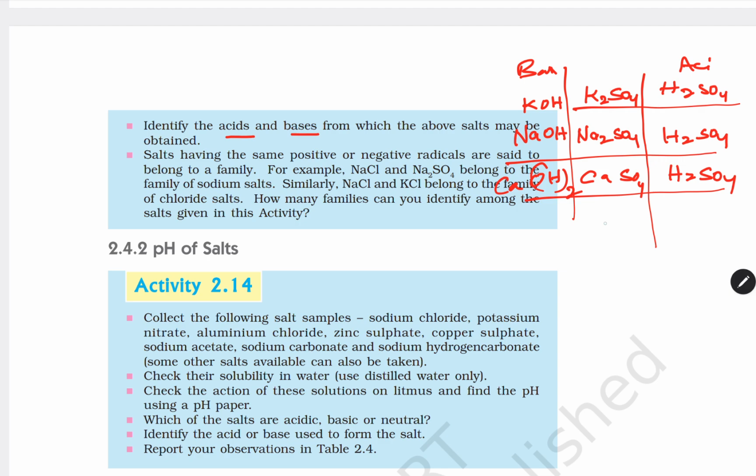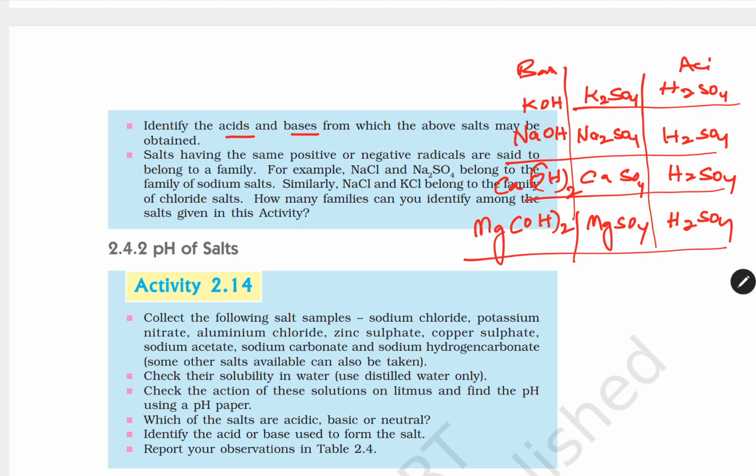Coming to magnesium sulfate, MgSO4. For this one also the derived acid is H2SO4, and the derived base is Mg(OH)2, that is magnesium hydroxide.